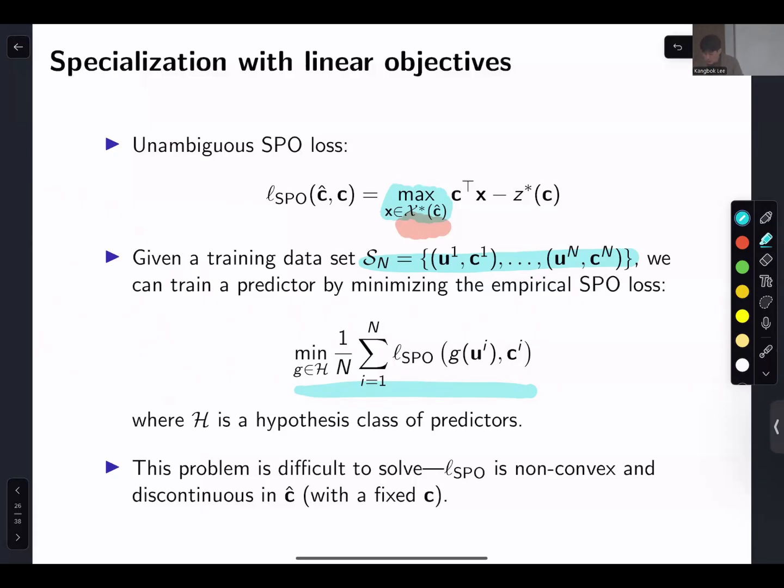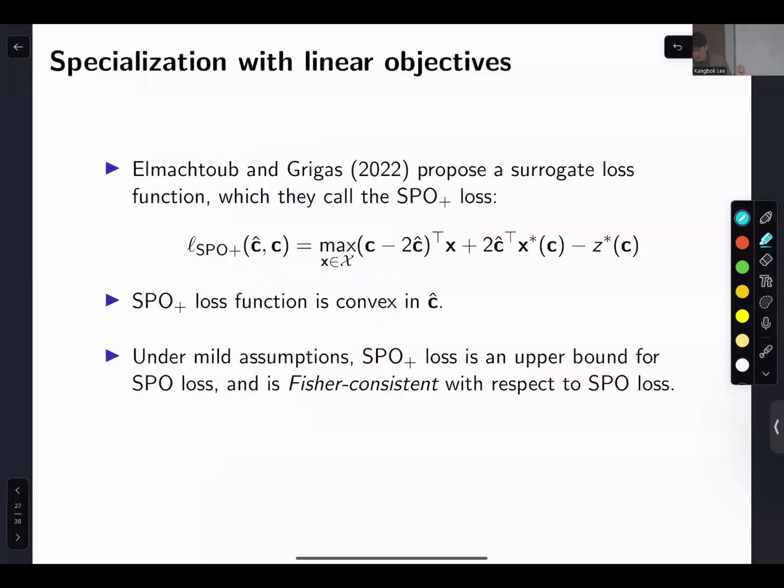Now, although I'm writing this in a very compact format, this problem is extremely hard to solve. So there have been a lot of attempts at simplifying it, and I'm just giving you one example. One of the recent papers, published in 2022, proposed this SPO plus loss function, which is actually tractable.